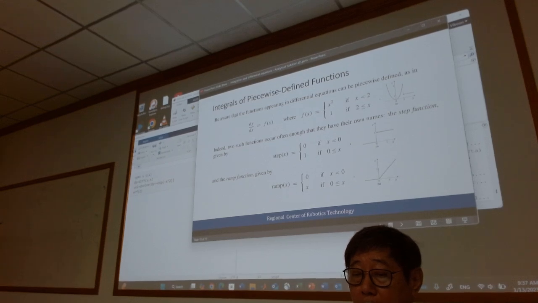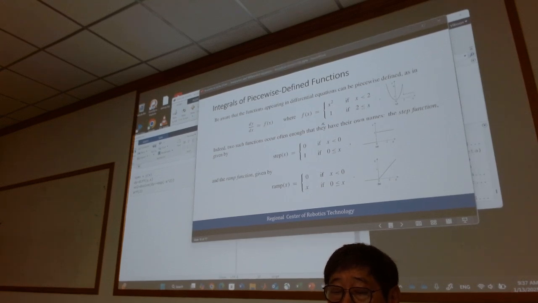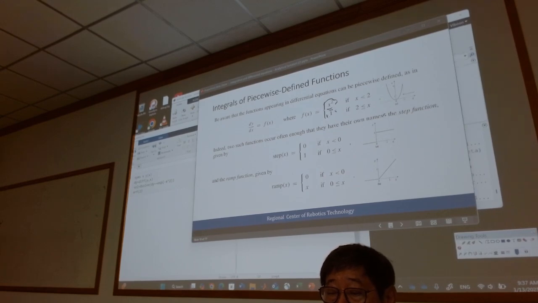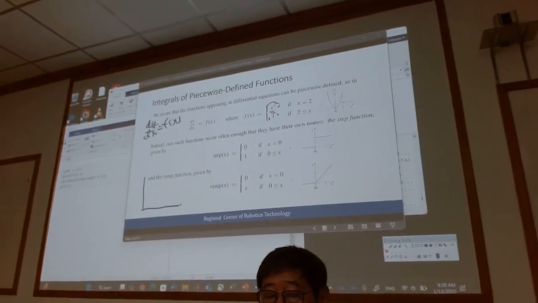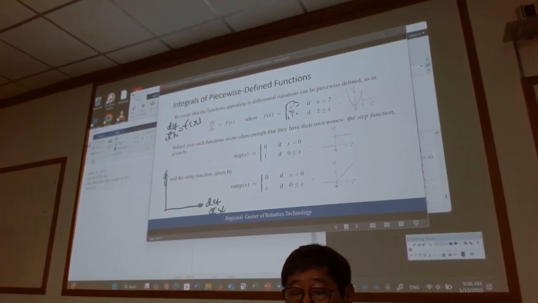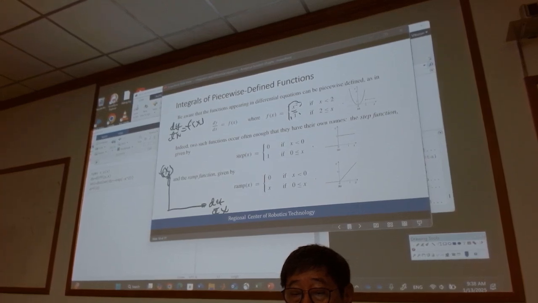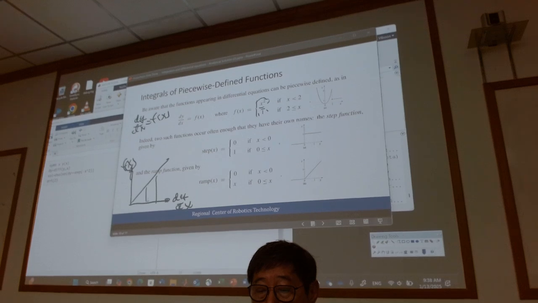Okay, sometimes you have integrals of piecewise functions, right? For example, let's say you have two functions. This one. Integrate is the area under the curve, right? Integrate this one. dy by dx equal to f(x), right? So in this case, you have something like this one. If you integrate, this one is the area under the curve.